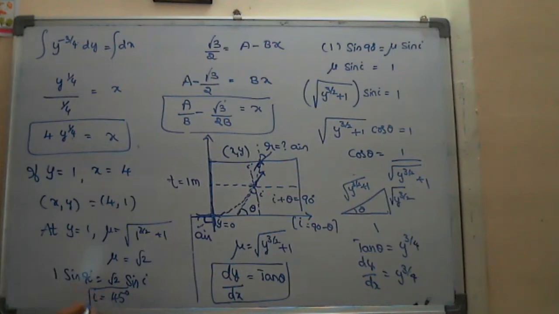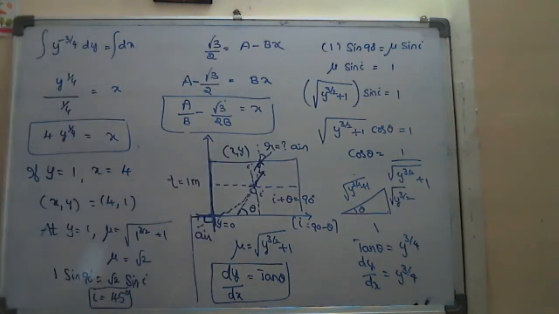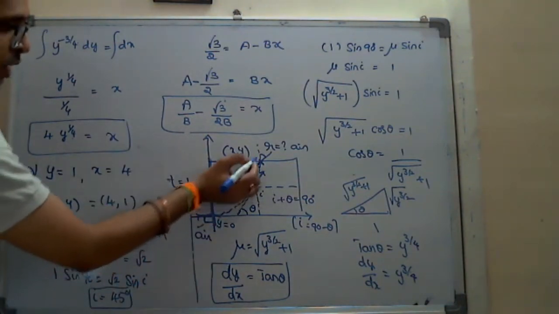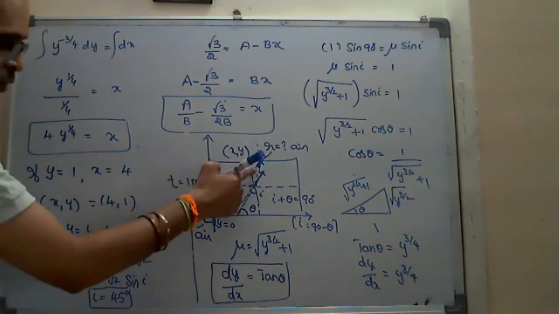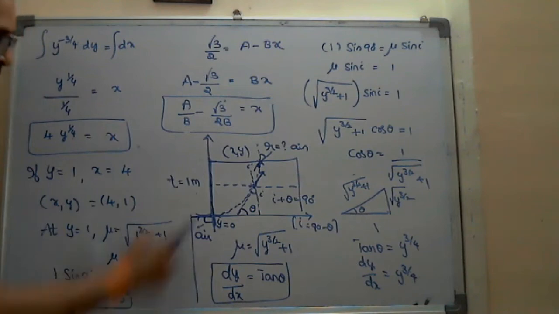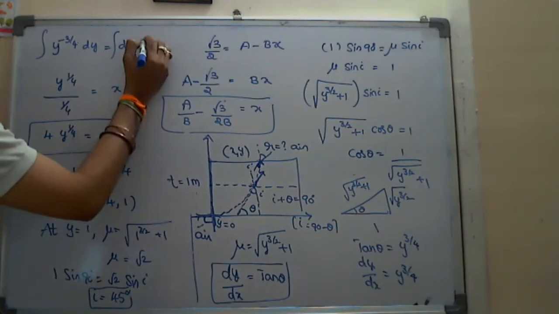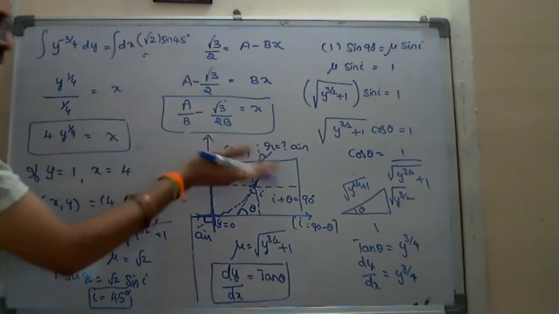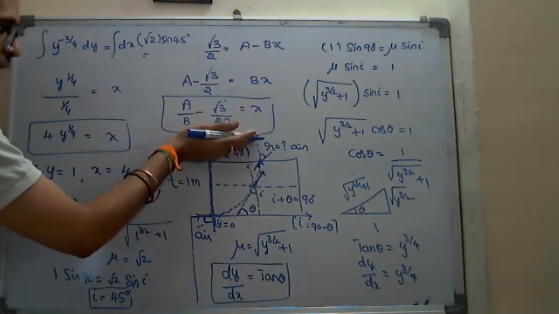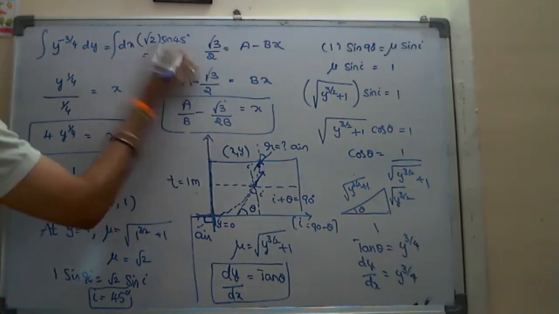If they ask the angle of incidence inside the medium while coming out, it is required. But logically, at this point below the surface, I know mu is equal to root 2 and the angle of incidence is i. So according to Snell's law, below this line I write mu into sine i equal to, it is coming into air, mu 1 into sine r.